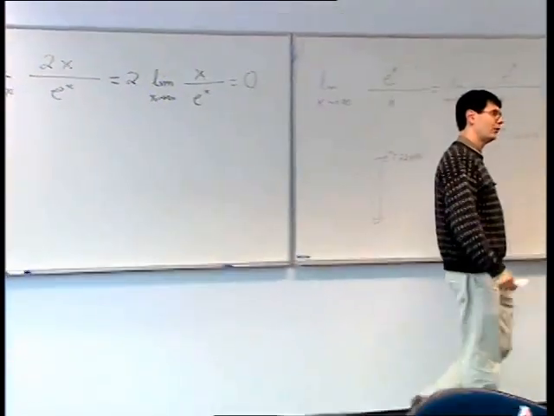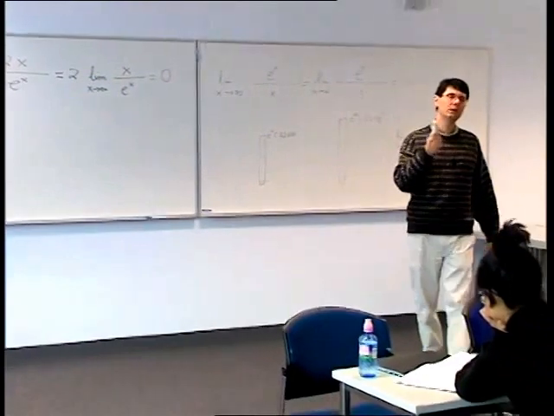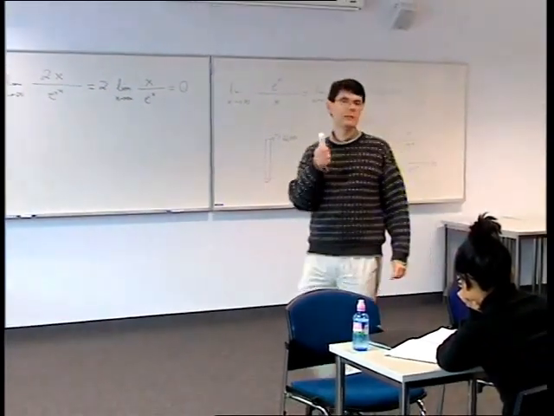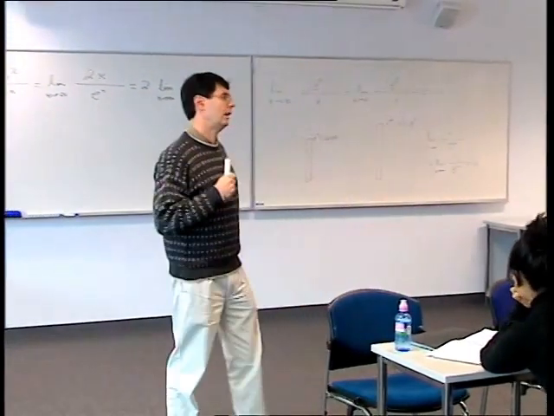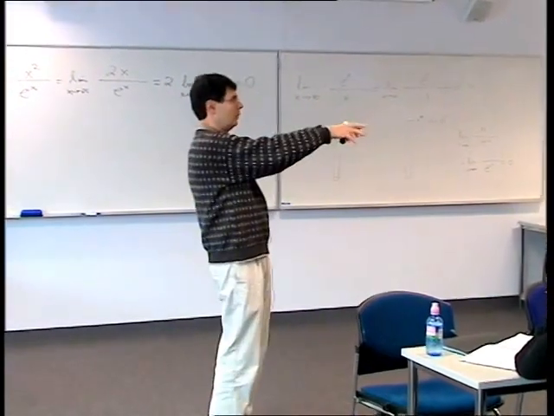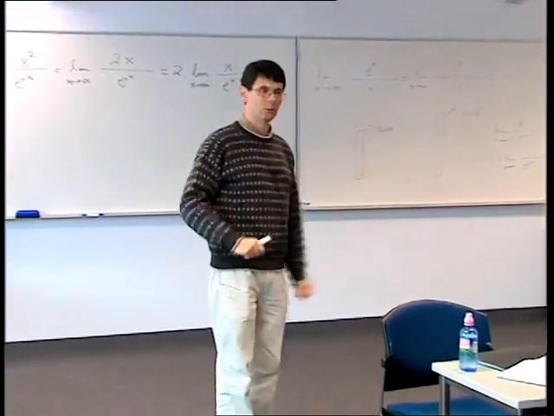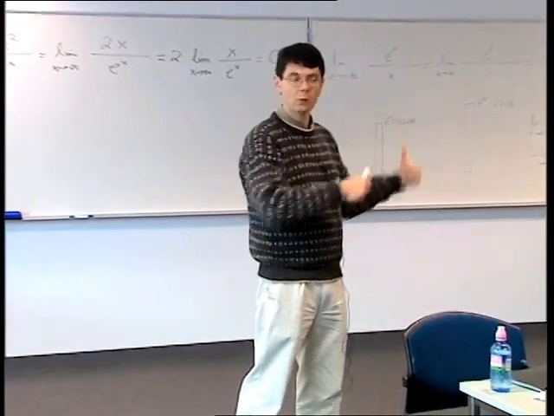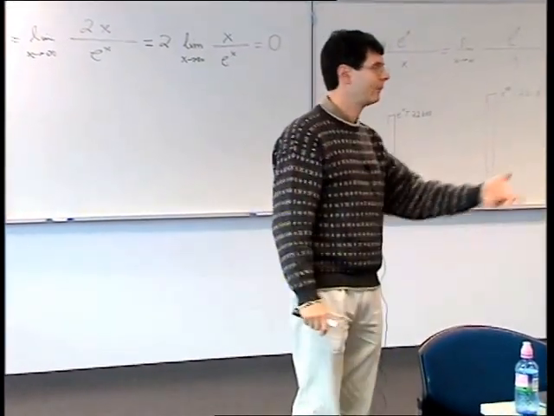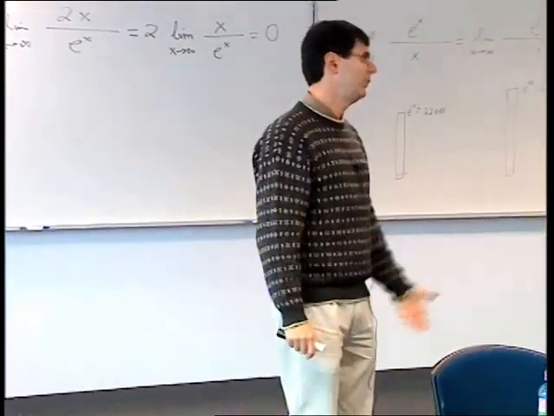Okay? What about x cubed? We're trying to beat e to the x, right? That's what we want. We want to beat e to the x. So we are kind of summoning our minions. X didn't work. X squared didn't work. How about x cubed? What do you think?